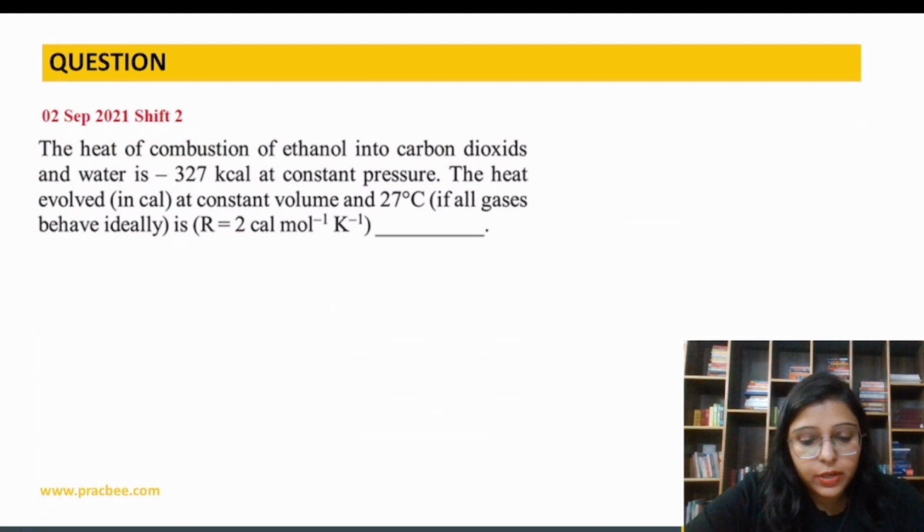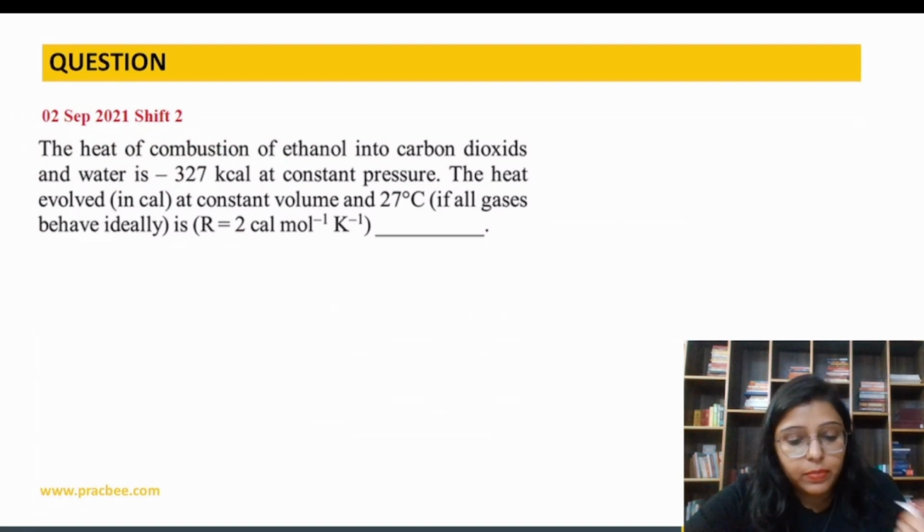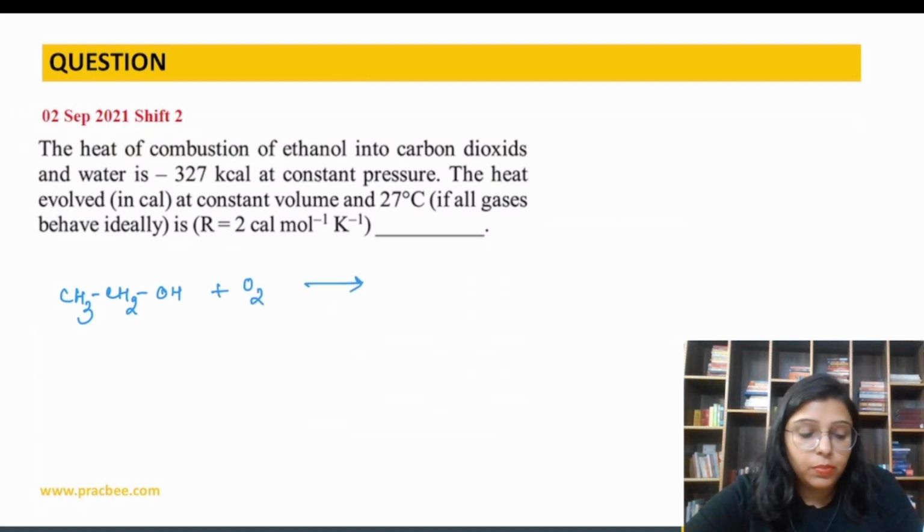The heat of combustion of ethanol into carbon dioxide and water. So ethanol is CH3CH2OH plus O2. The products of combustion are CO2 and water.